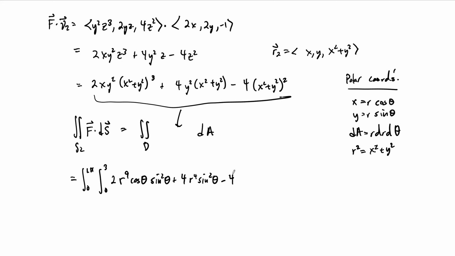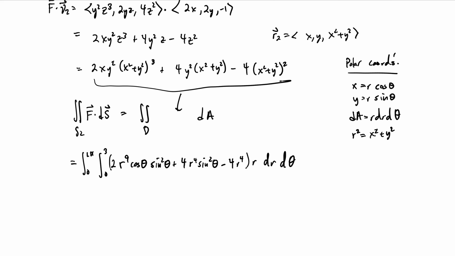And then minus 4, this is r to the 4th. That's it, right? R squared squared. So r to the 4th, so not too bad there. And then all of this has to get multiplied by r dr d theta.